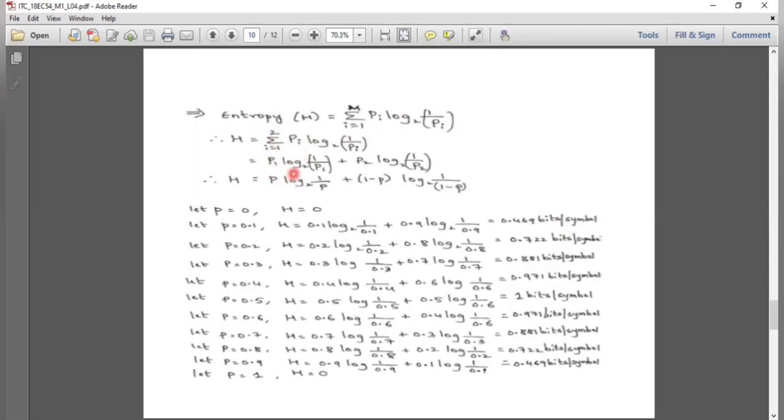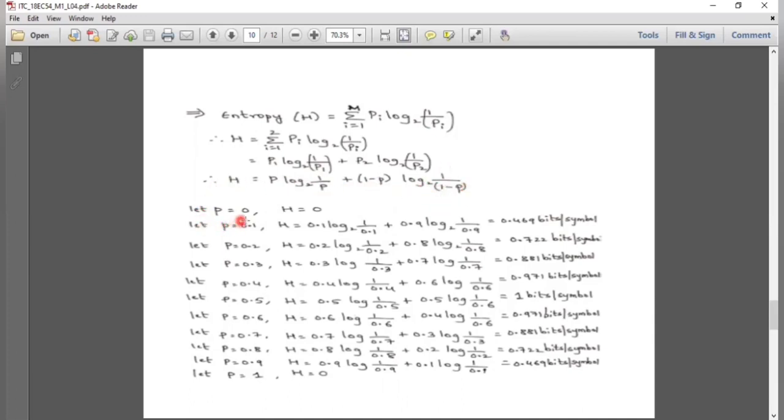So first, symbol 0 is occurring with a probability of p, so p log of 1 by p to the base 2, plus symbol 1 is occurring with a probability 1 minus p. Therefore, the equation for H will be p log of 1 by p to the base 2 plus 1 minus p log of 1 by 1 minus p to the base 2.